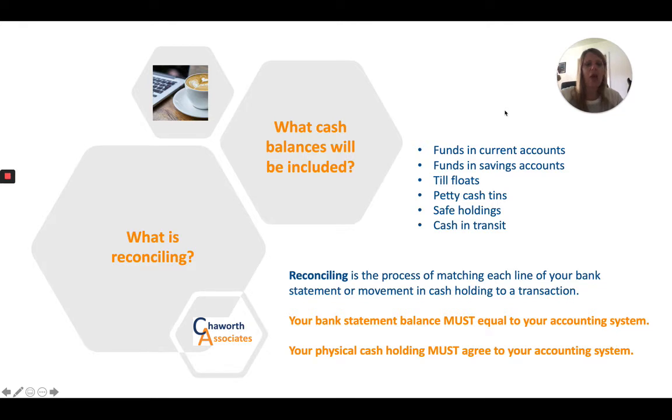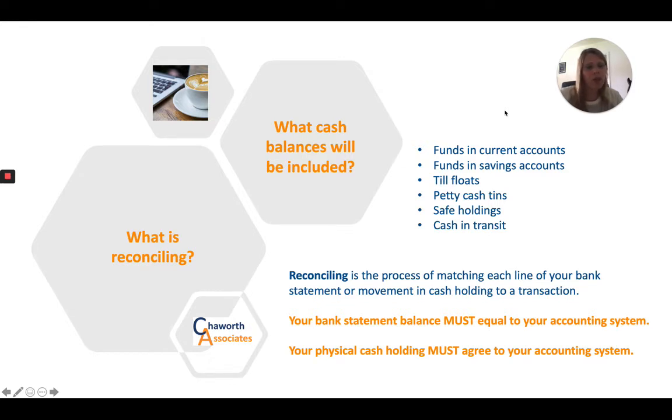So your ultimate aim at the end of every month, as a minimum, is to check that your bank statement equals your accounting system balance, and that your physical cash holding equals your accounting system balance. Now, when I say accounting system, I don't necessarily mean accounting software. The most obvious accounting systems are Xero and the likes.